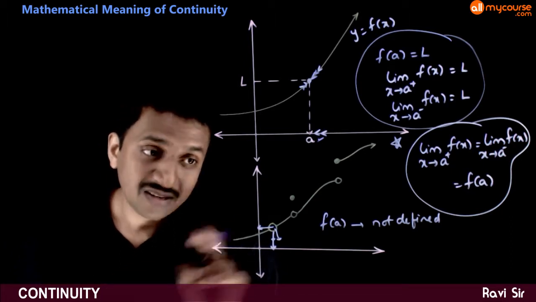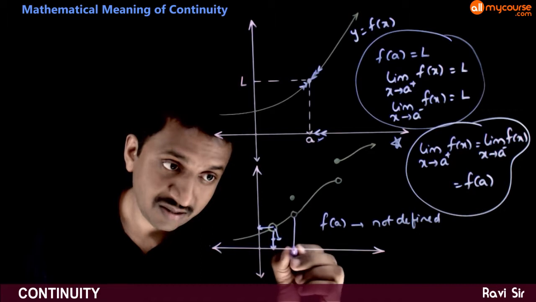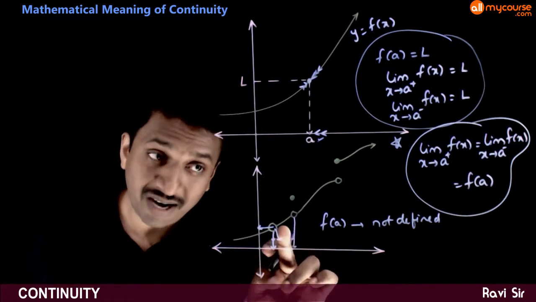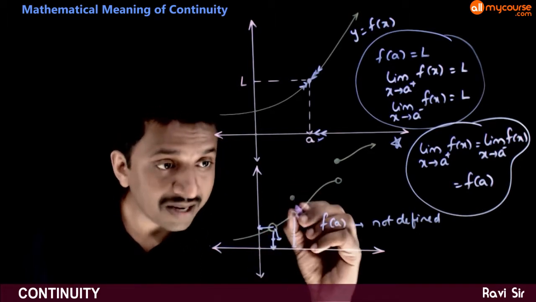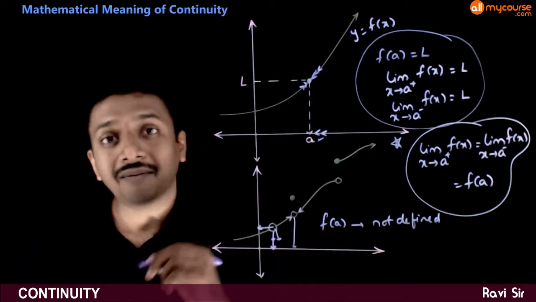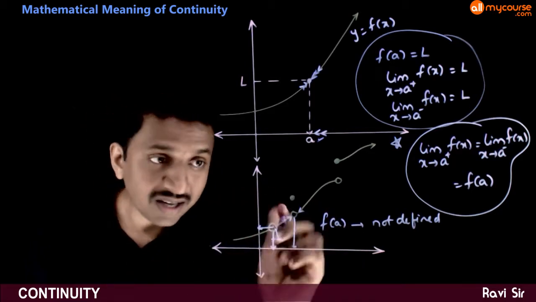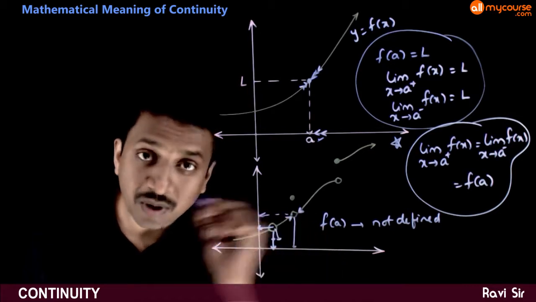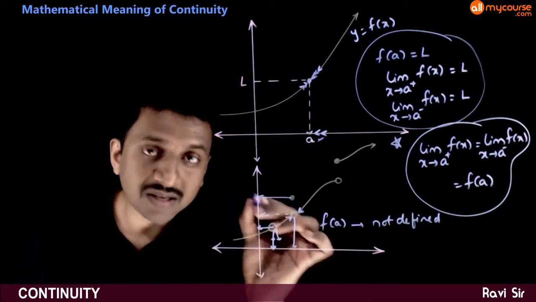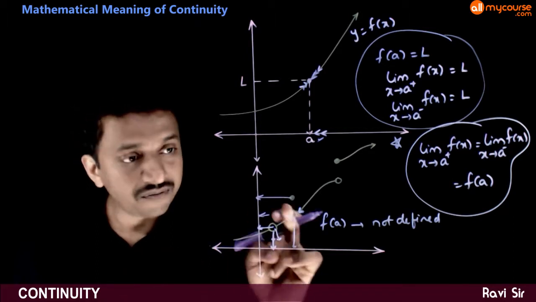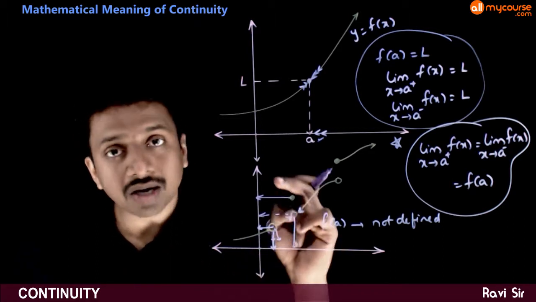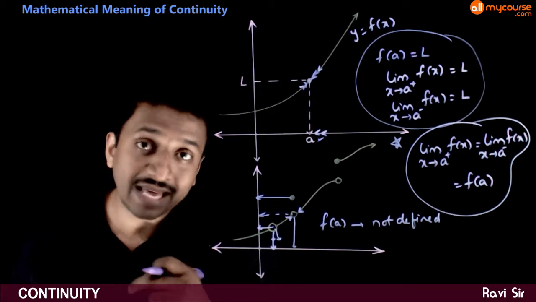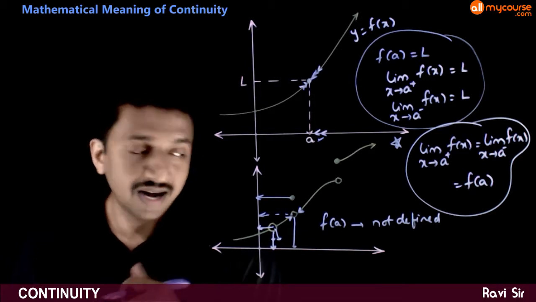Next, there is one more case. The function is defined, but it is not the same as the limiting value. At this point, both the right limit and left limit are reaching this point, but the functional value is somewhere else. So if the limit exists, but the limit is not equal to the functional value, then also the function is not continuous.